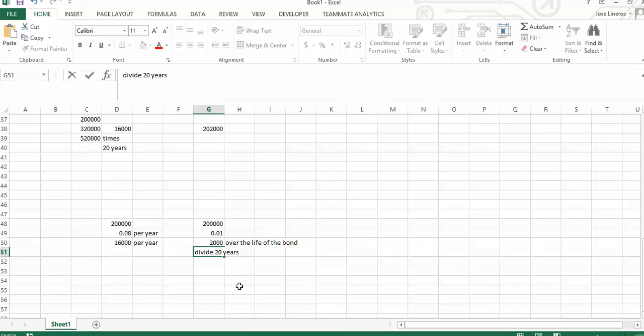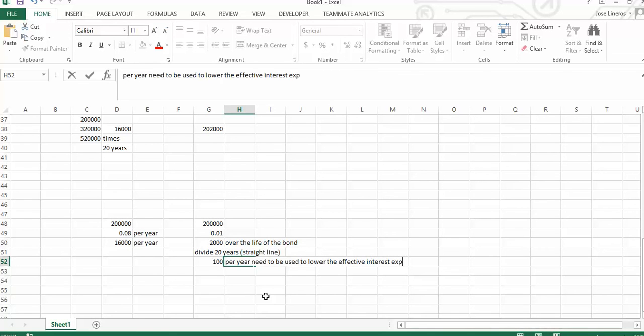That's what straight line means. We just take it straight across 20, right? And that gives us $100 a year.